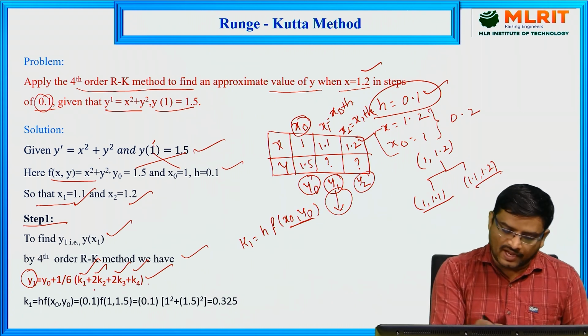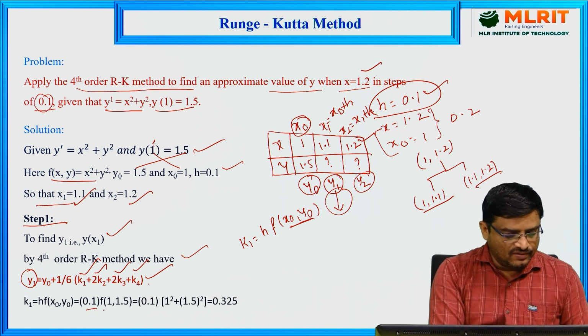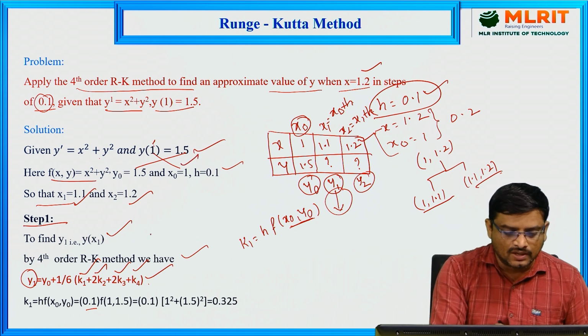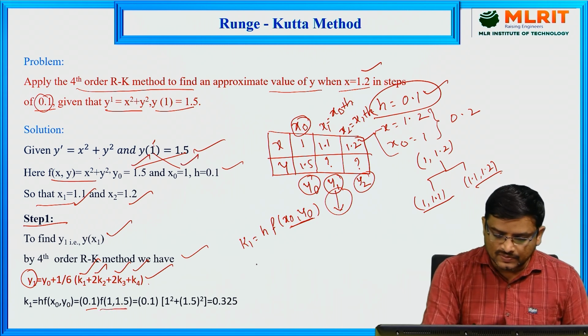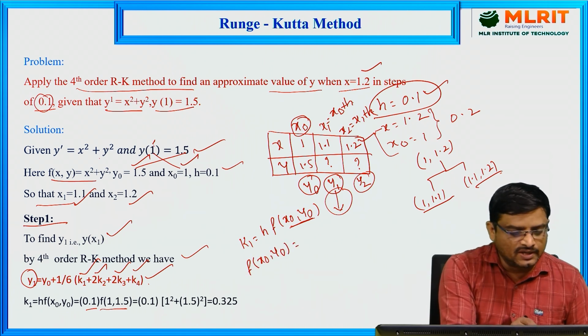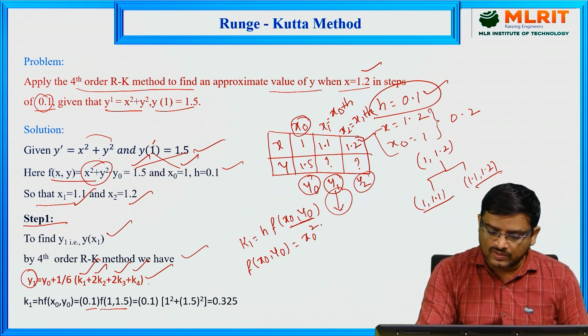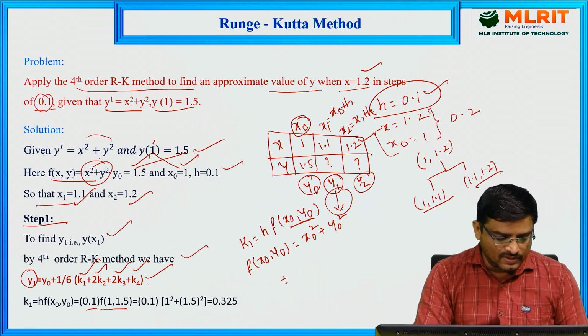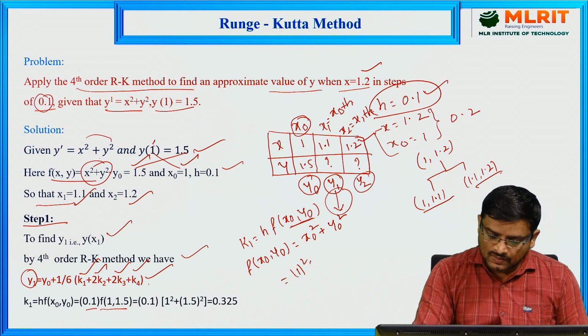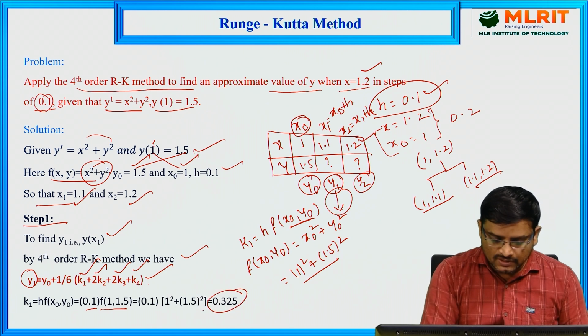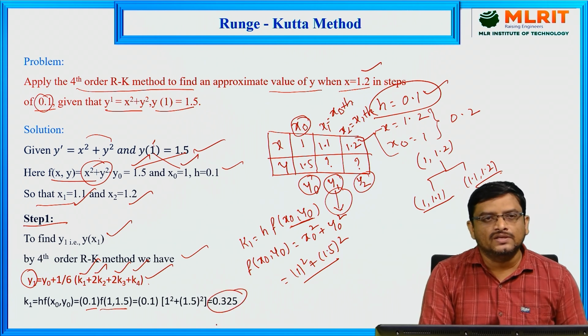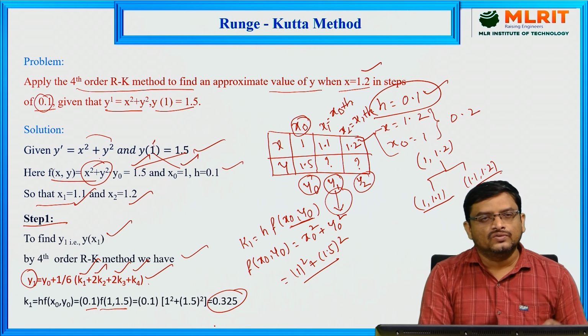Now h is 0.1, x0 is equal to 1 and y0 is equal to 1.5. Replacing x with x0 you get x0 square, and replacing y with y0 you get y0 square, so 1 square plus 1.5 whole square. Simplify this and you will get 0.325. That is our required k1 value to find y1.